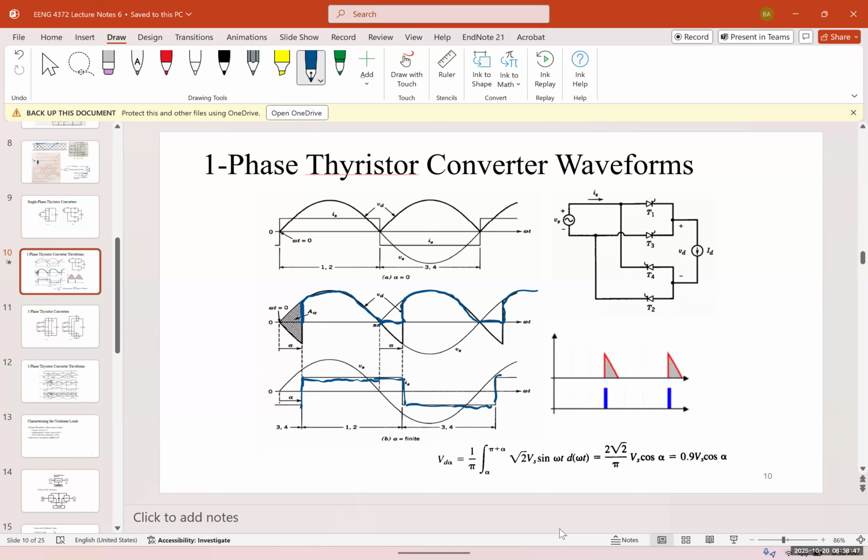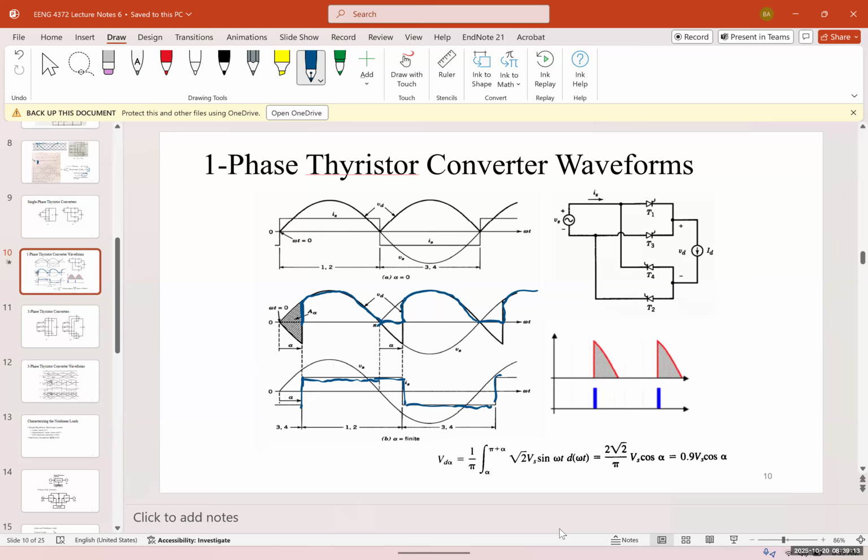Now, VD alpha for the thyristor is going to be 1 over pi, the integral from alpha to pi plus alpha, of square root of 2 Vs sine of omega t d omega t, which is going to be equal to 2 square root of 2 over pi Vs cosine of alpha, which is going to be 0.9 Vs cosine of alpha.